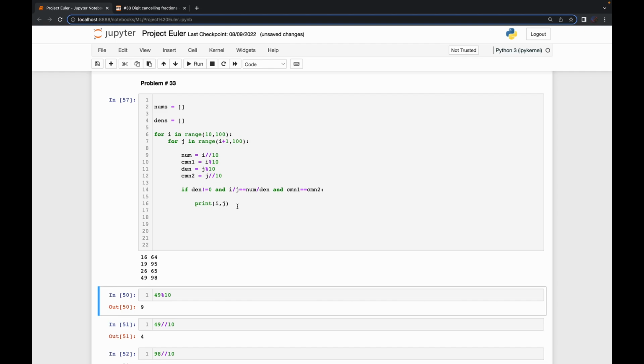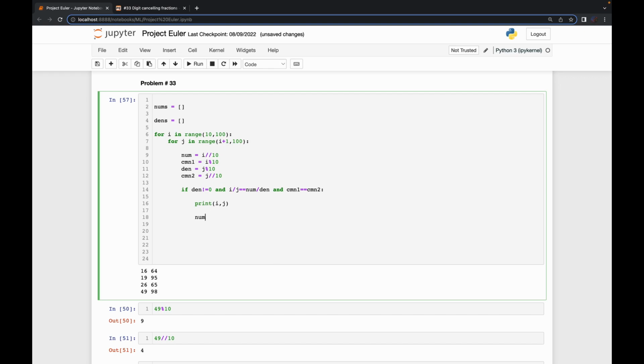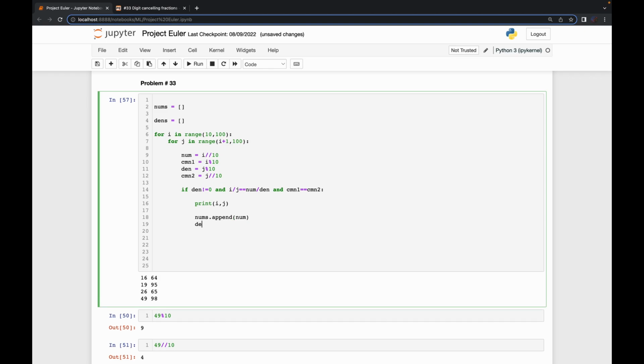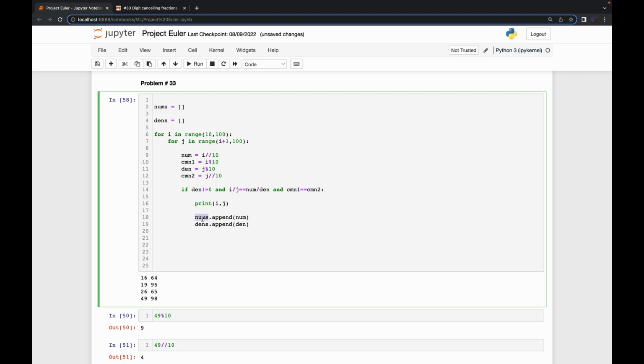Now we want to save the numerators and denominators. So numerator dot append the numerator, and dens dot append the denominator. Now let's see our numbers here.